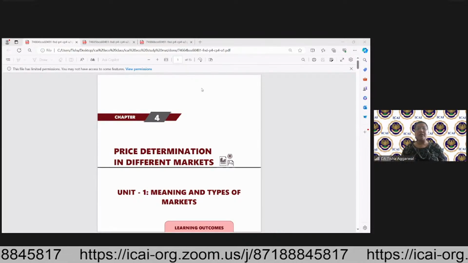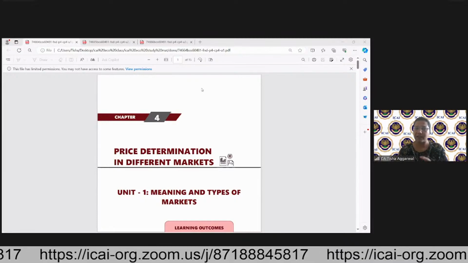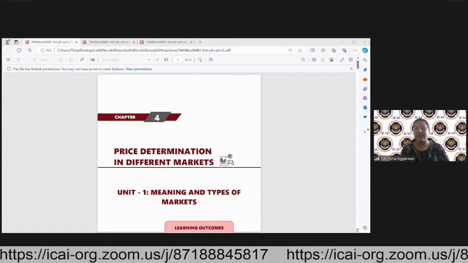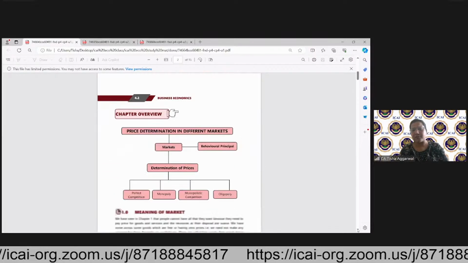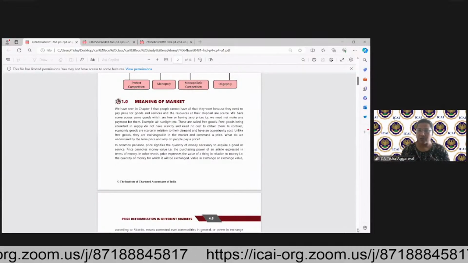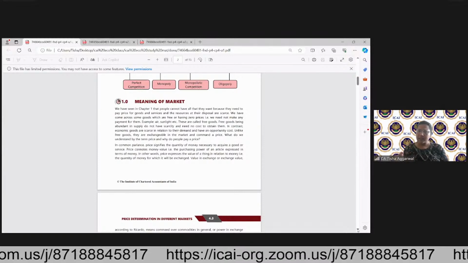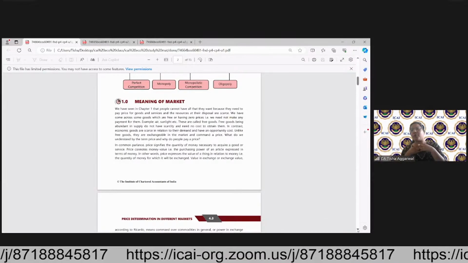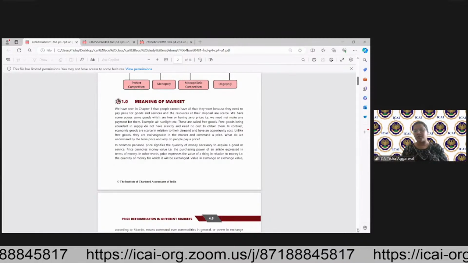Okay. So let's talk about price determination in the different markets. The first unit that we have, unit one, is the meaning and types of market. First, we need to understand what a market is. In general parlance, it is the area where I go, meet somebody and try to exchange goods and services.